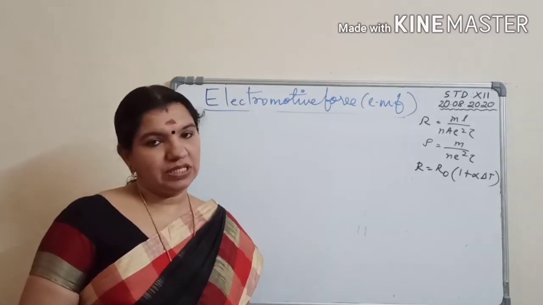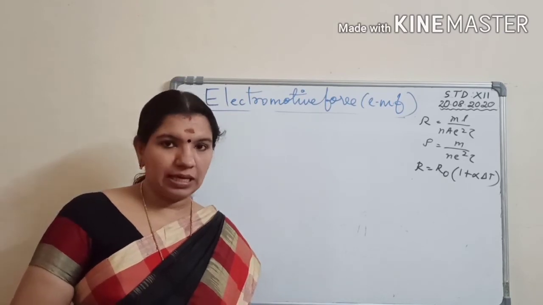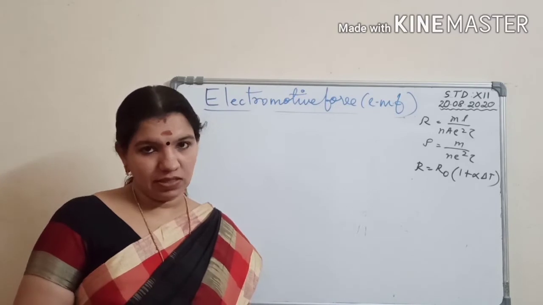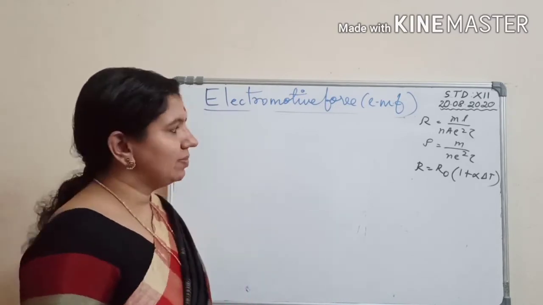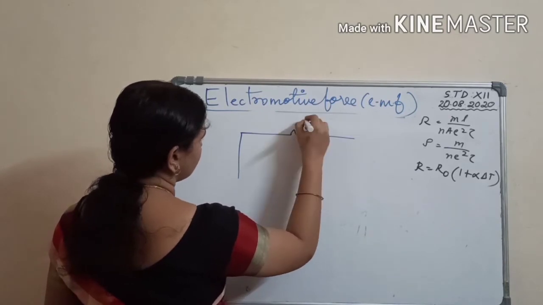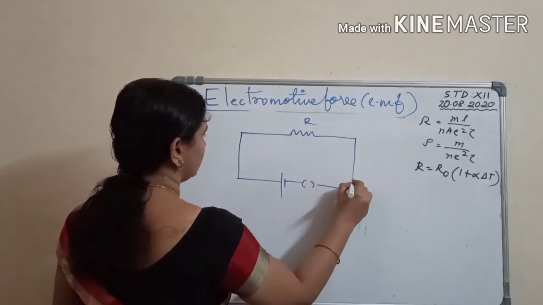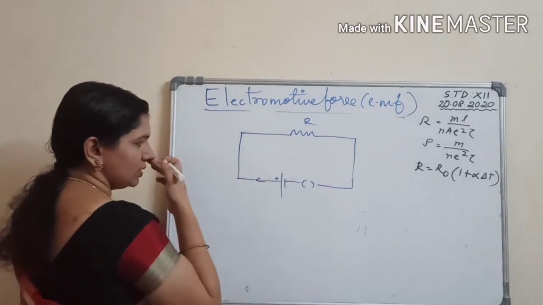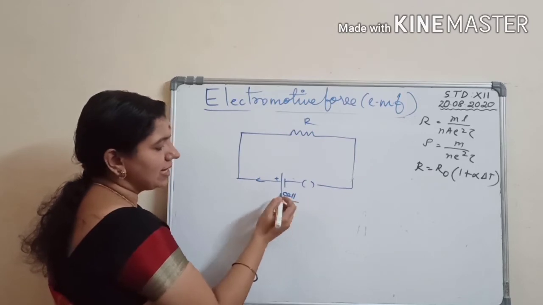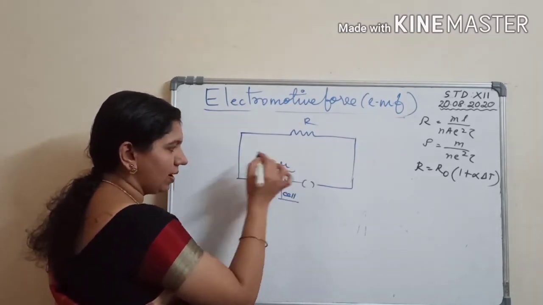Now the cell. A cell is a device which converts chemical energy to electrical energy. This cell itself offers a resistance to the circuit. In a circuit, the cell offers a resistance which is denoted by small r.